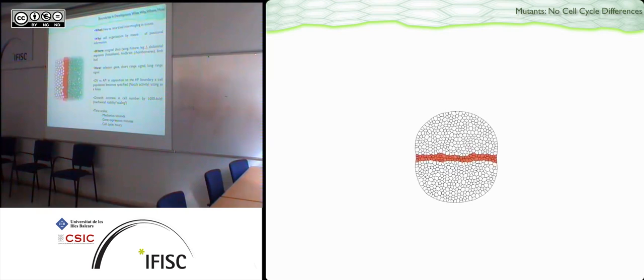One component is a deterministic duration of the cell cycle. Why? Because there is always, for all cells, a minimal duration of the cell cycle. Okay? And there is another component that is stochastic. It's going to be Poissonian statistics, and this is going to take into account the stochastic variability of the duration of the cell cycle.